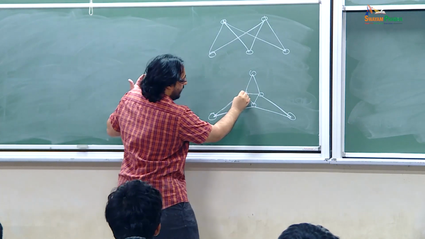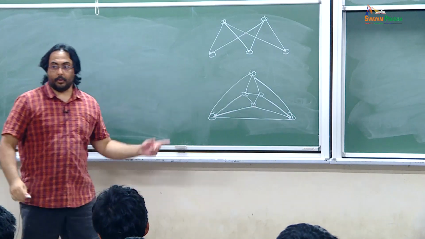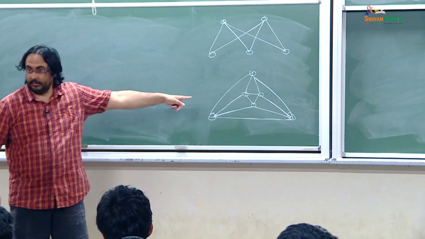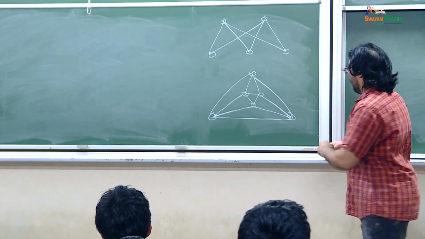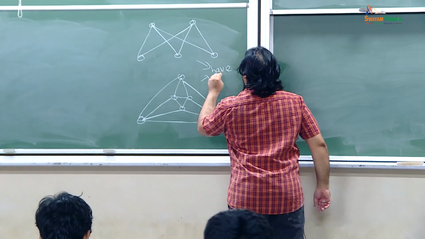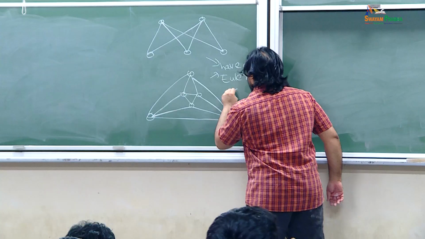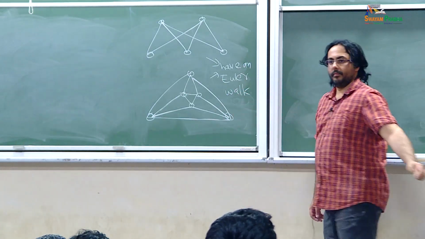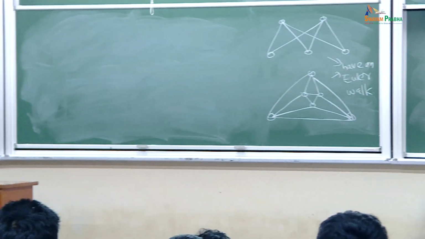I got stuck and wanted to draw this, but I couldn't do it the way I did it. But there is a way to do it. So this one has an Euler walk. Both of these have an Euler walk, whereas these do not have an Euler walk.